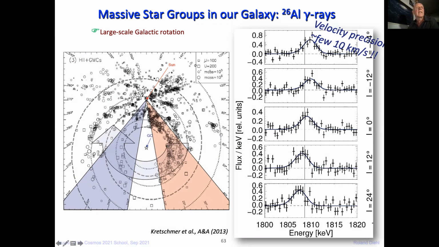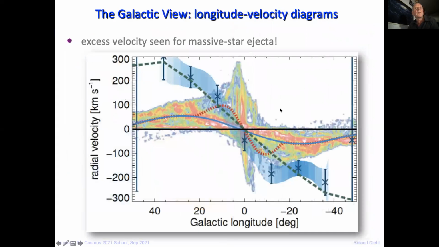And that large-scale motion, which takes about 10^8 years to go around one time, actually produces a Doppler shift that we have been able to trace with the aluminum line shifting systematically here. So we have a velocity precision of a few 10 kilometers per second in gamma rays, which is quite impressive. And that traces ejecta that have been blown out from massive star groups.